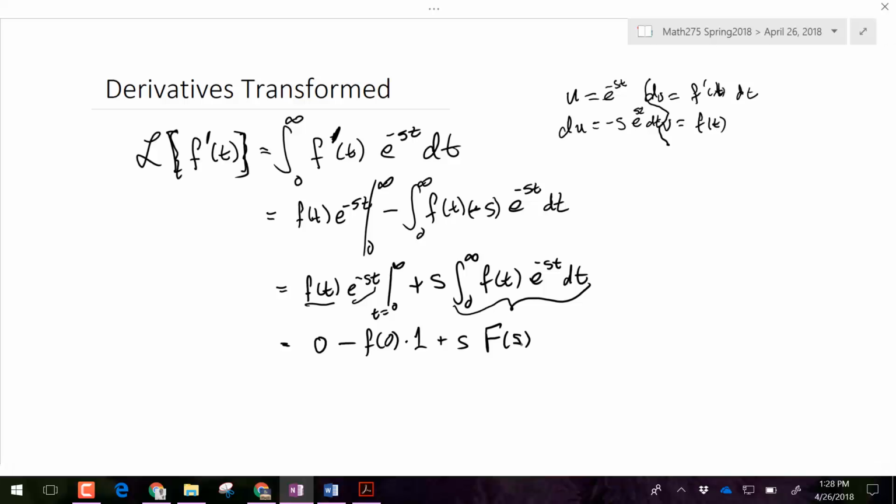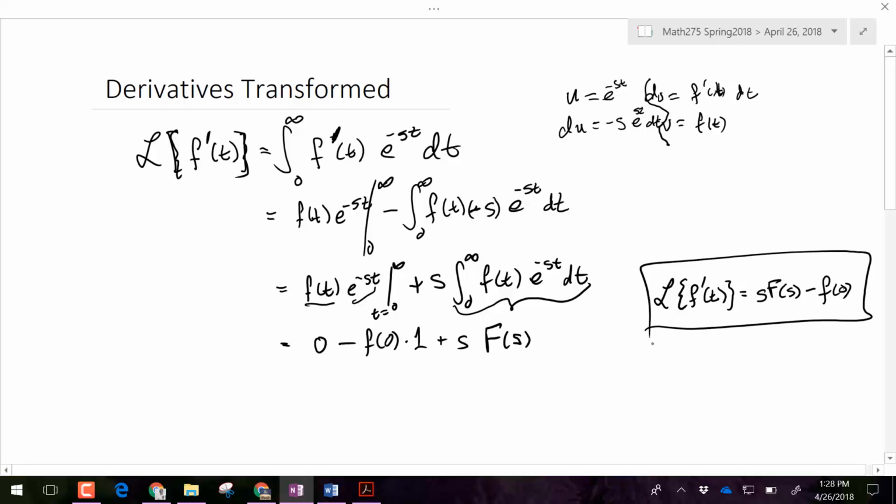So the Laplace transform of one derivative is going to be s times the Laplace transform of the original function minus f of 0. So that's just the proof for the first derivative.